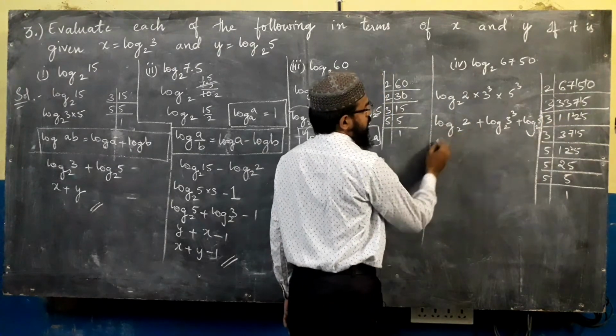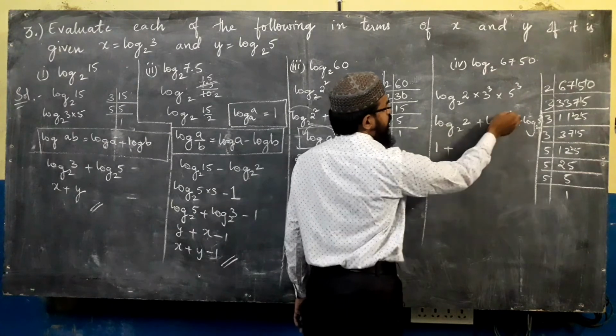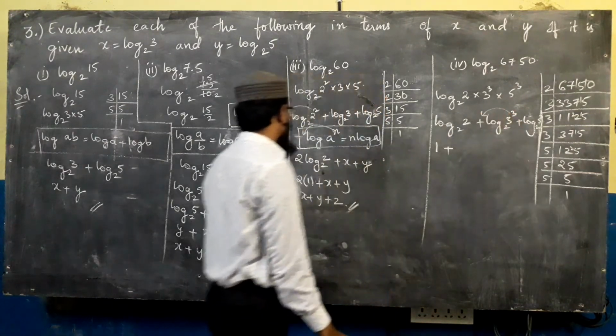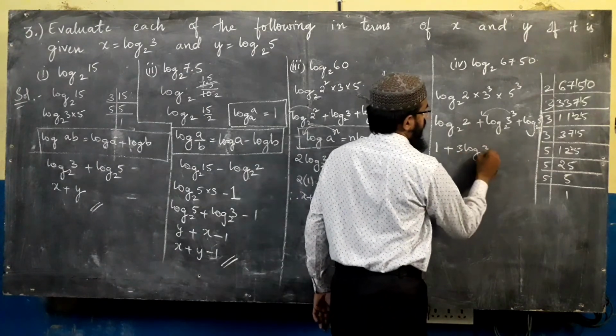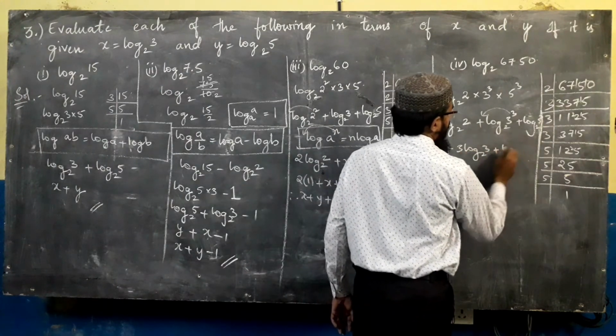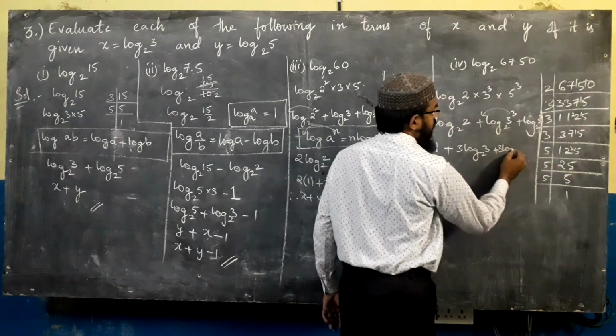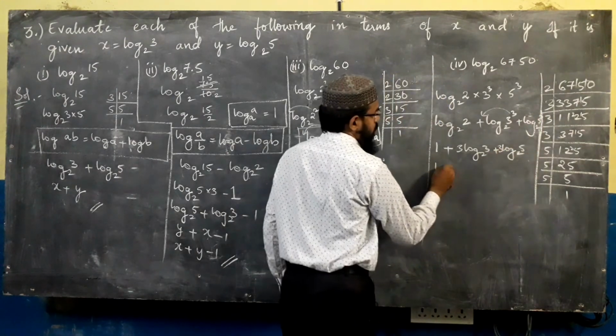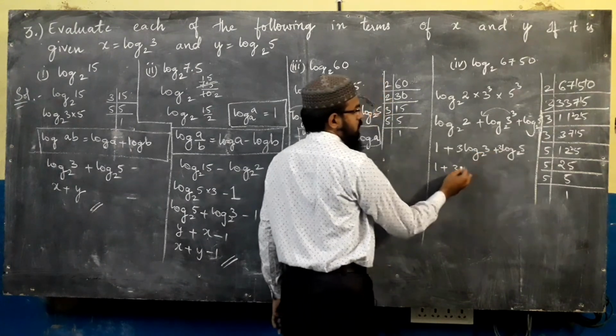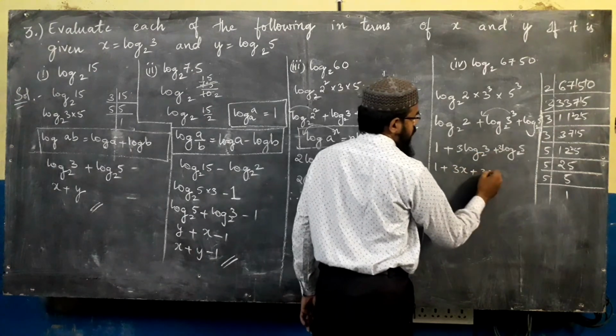Log 2 base 2 is 1, plus 3 comes in front, as we know from this formula. So 3 log 3 base 2, plus again 3 comes in front, 3 log 5 base 2. So 1 plus 3 log 3 base 2 is x, plus 3 y.